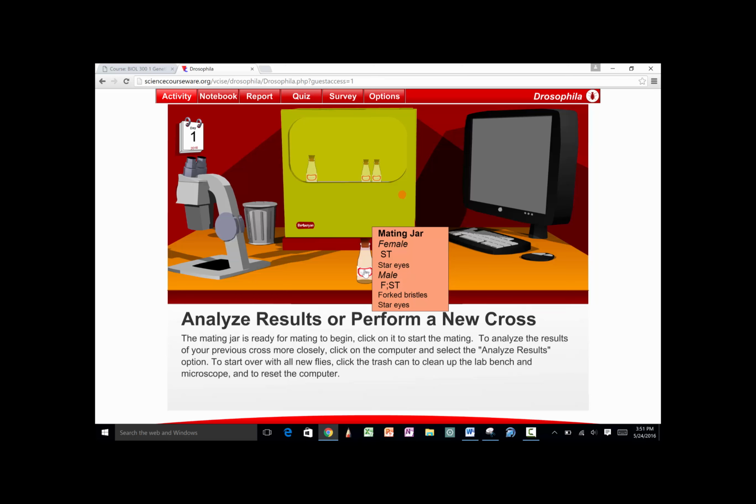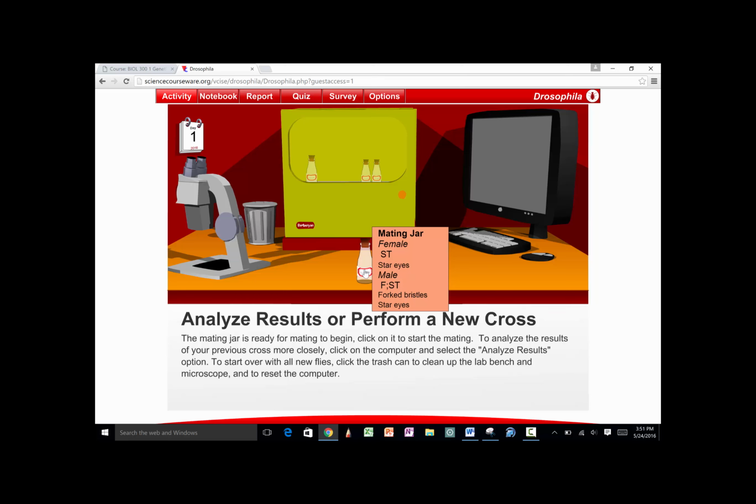We should get 2/3 star to 1/3 wild type. And our females are heterozygous for forked. Our males are forked. We should get 1 to 1 to 1 to 1.